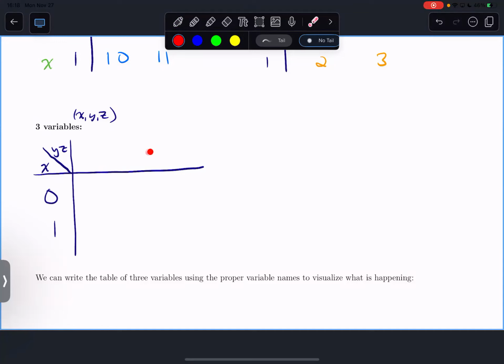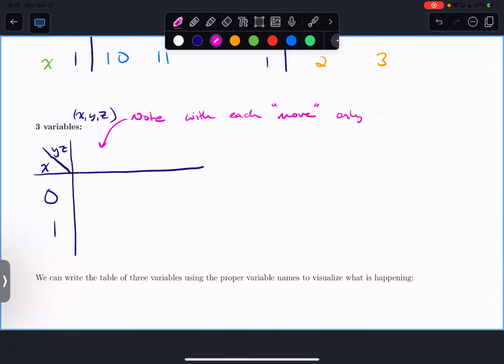So note that with each move, only 1 literal may change at a time.